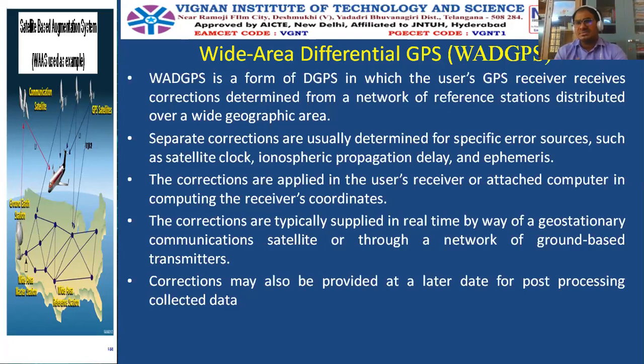Of course, ground-based transmitters will cost more. Instead of that, we will use a satellite because satellite systems are already developed and may be used for this purpose. And corrections may also be provided at a later date for post-processing the collected data. Of course, we may take the advantage of the post-processing.